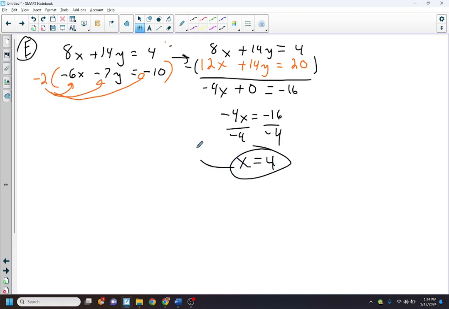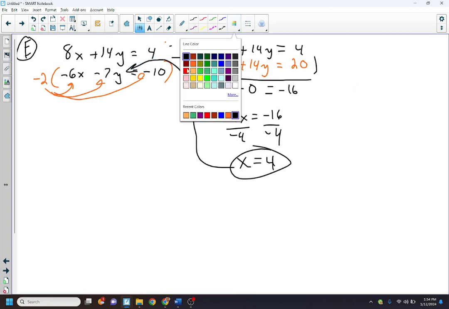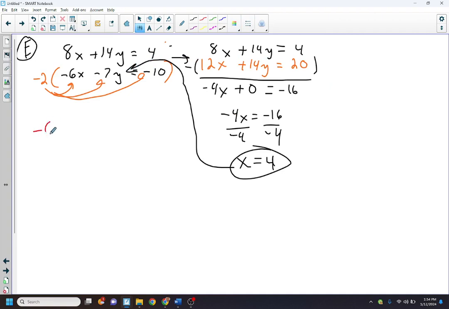Take that x equals 4, plug it into either the top or the bottom. We could plug it into the bottom. I don't care which one you plug it into. Negative 6. That x is becoming 4 because I found it to be x. If it was y, I would replace the y. Minus 7y equals negative 10. Negative 24 minus 7y equals negative 10.